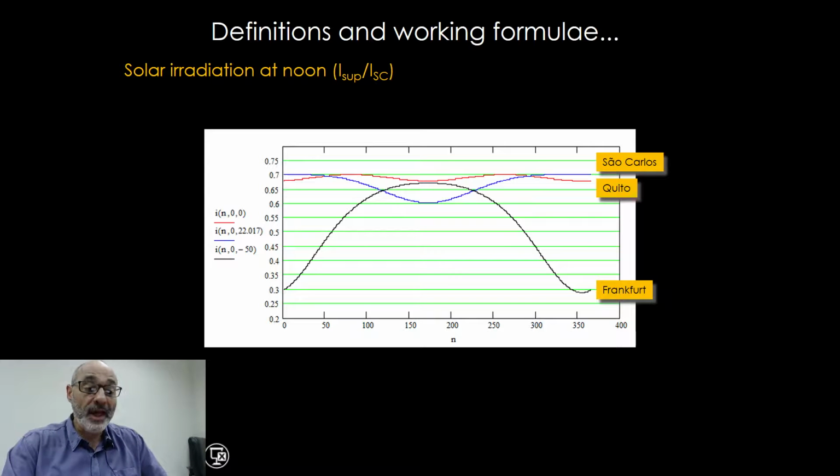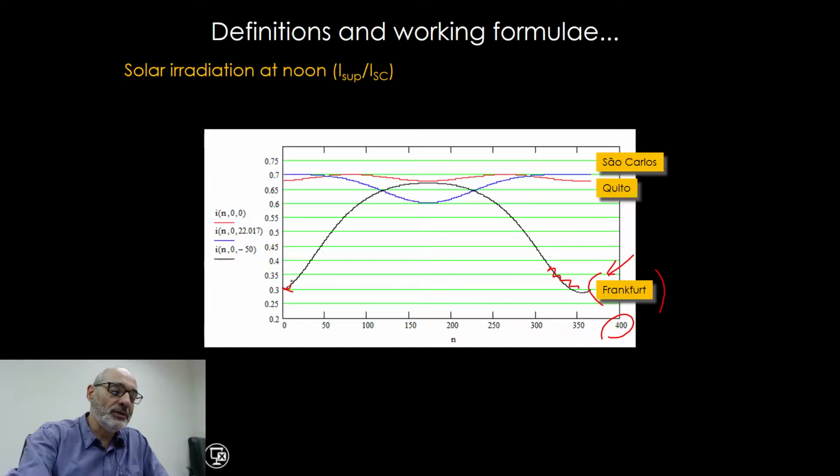And these formulas can be used to calculate these graphs that I have already showed you, the solar irradiation at noon during different days of the year. You see how much this varies along the year for a place in Germany, for instance.